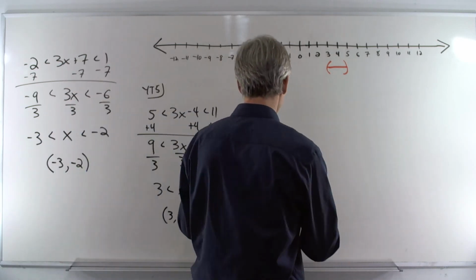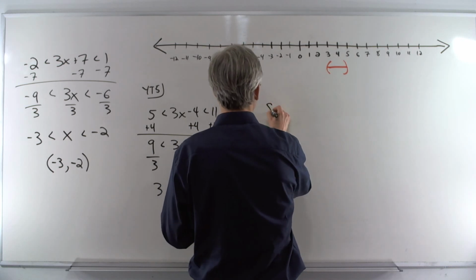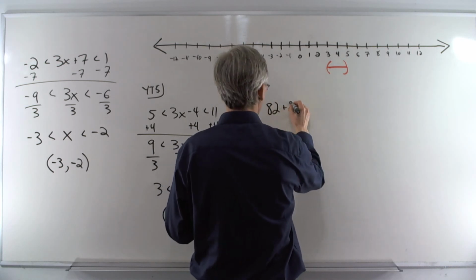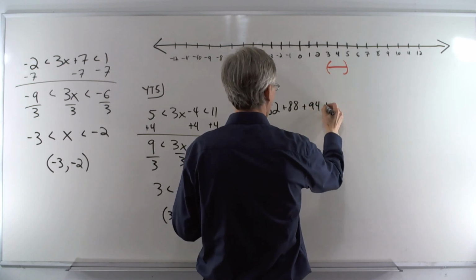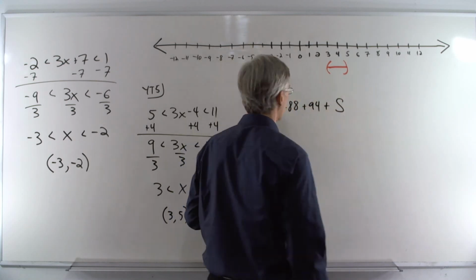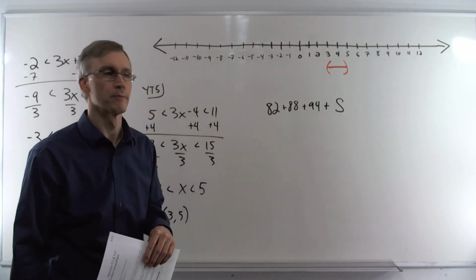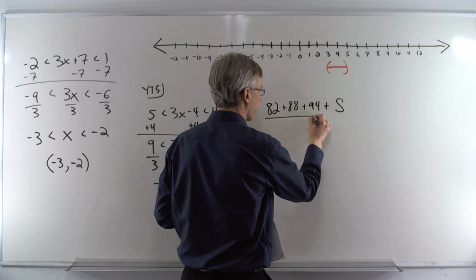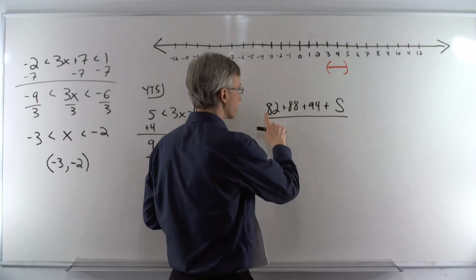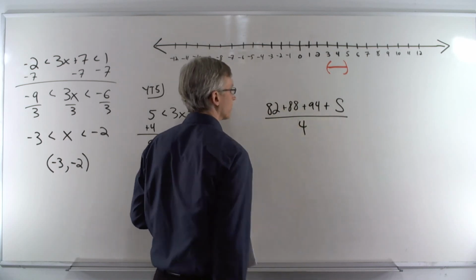So let's write out the first 3 exam scores. 82, 88, 94. Then we use S for score for the last one. All right, we don't know that. That's what we're looking for, so that's our variable. Now to find the average, we add them up and divide by 4.